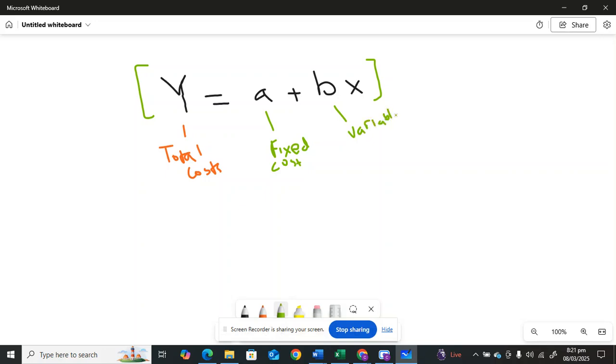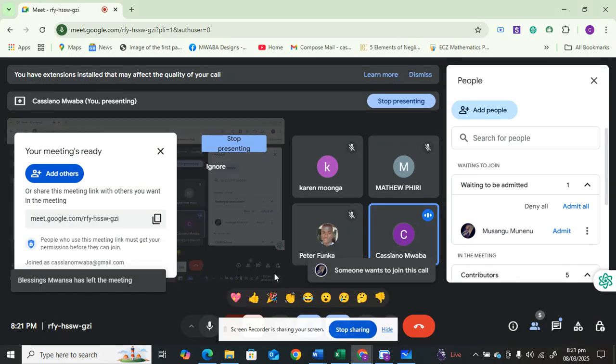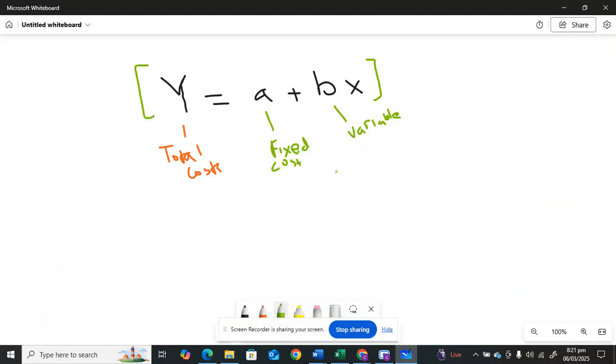Once we obtain this equation, we can forecast, plan, and estimate the costs that we're going to incur. This is the whole concept here. From the information we're given, we're trying to put it in the form of a linear equation, the equation of a line.